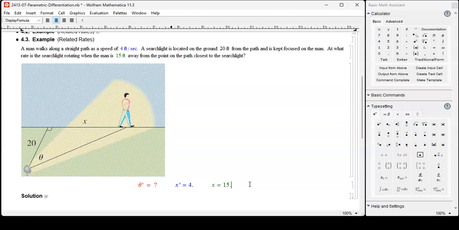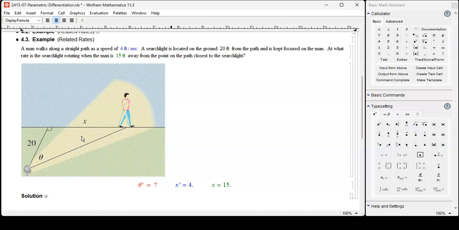So, can you find a relation between x and theta? Look at the triangle. Don't pay too much attention to this 3D picture. Look at the triangle, just a plain picture. What do you see? We have a right triangle. The right angle is here, theta is there, and x is the opposite, and 20 is the adjacent. See that?